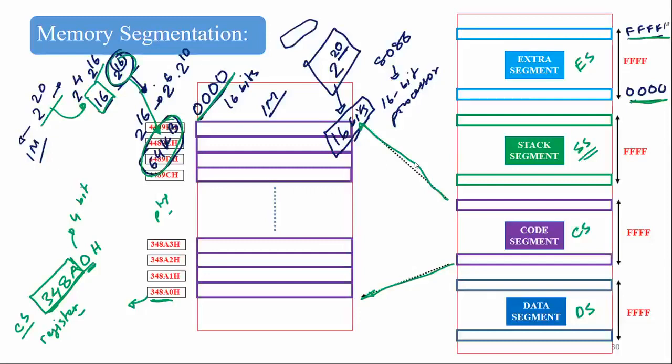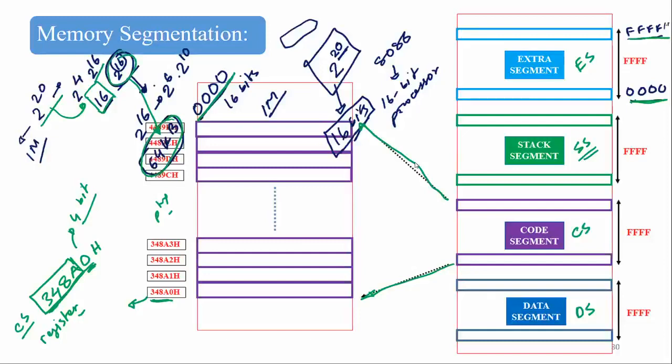Can you tell me what I have said? Sir, every segment, the starting one is 0. This is the least significant, isn't it? Yes, sir. So the last 4 bits of the 20 bits of data will be 0.